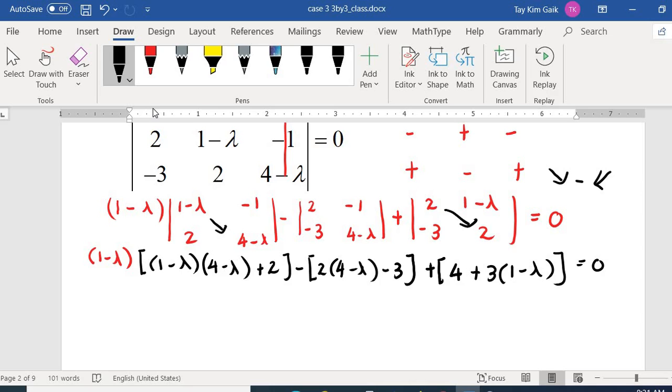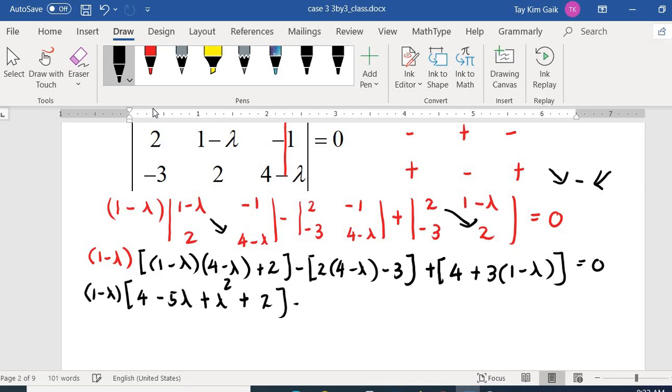Okay, you expand and simplify it. You have 1 minus lambda, and you expand these two factors. So you have 1 times 4, and then negative 4 lambda, so negative 5 lambda, and negative lambda times negative lambda, so plus lambda squared, plus 2.